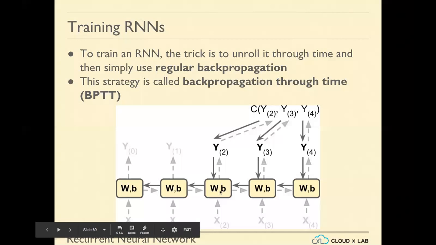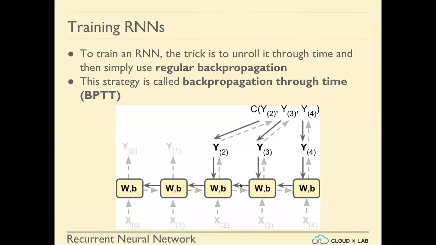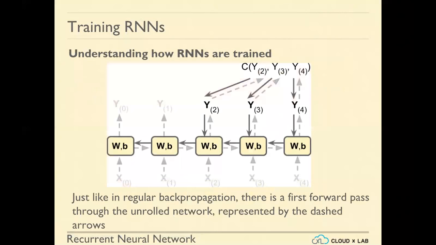So at any step, the outcome Y2 is a function of Y0, Y1, and X2, meaning the outcome at Y2 is a function of X0, X1, and X2. So the way we train an RNN is using regular backpropagation, and this strategy specifically is called backpropagation through time. Okay, so let's try to understand how RNNs are trained.